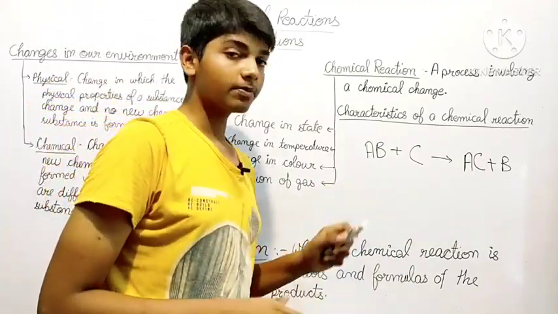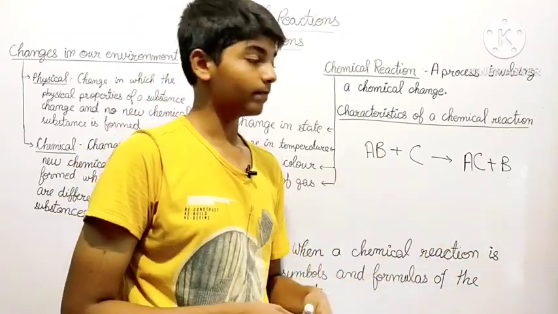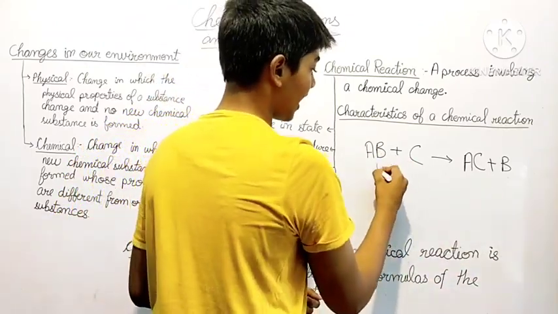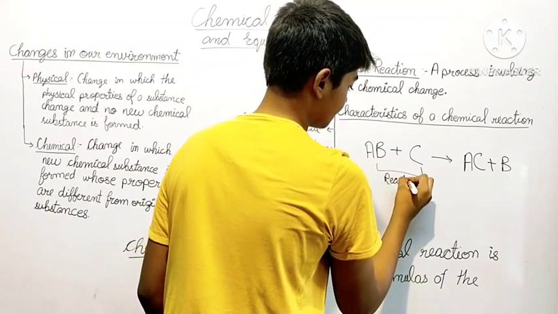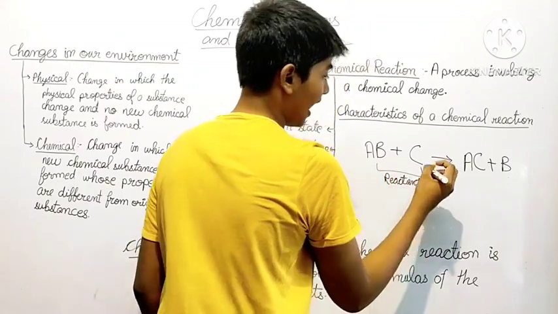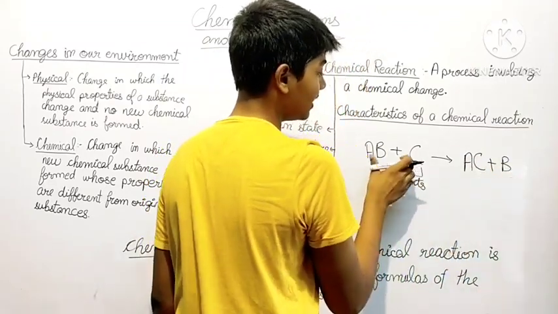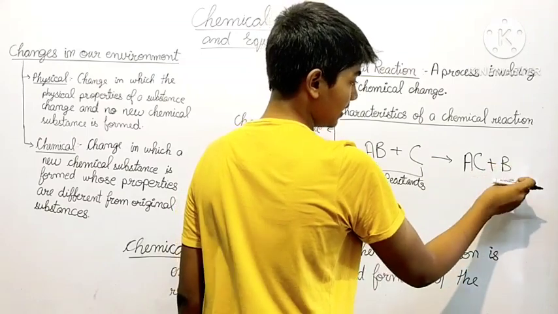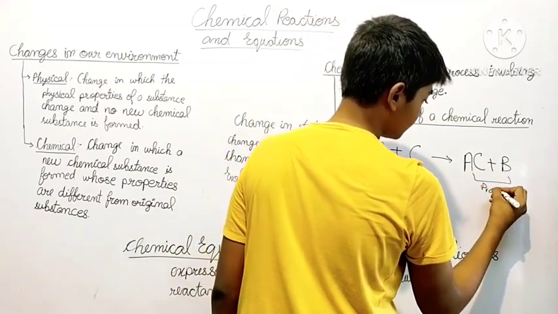AB was the first substance and C was the other substance. These two react to form AC and B. The first two substances which react are known as reactants, and the two substances AC and B which are formed are known as products.